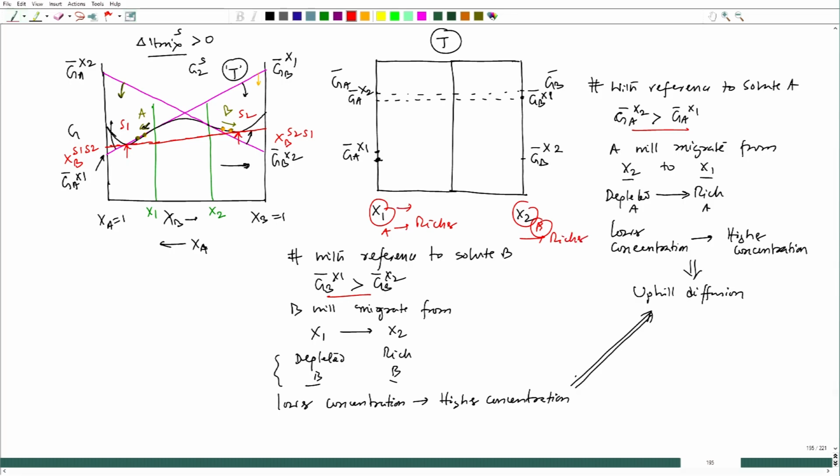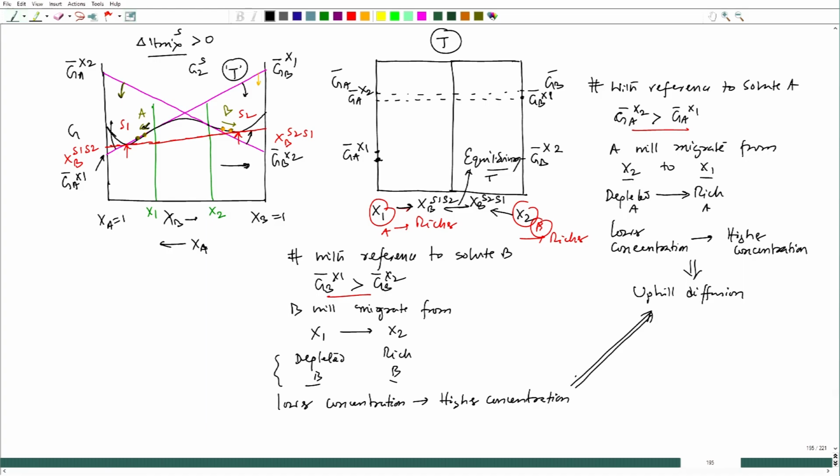Finally x 1 will reach x B S 1 S 2 and this one will reach x B S 2 S 1, and these two will have equilibrium at temperature T.